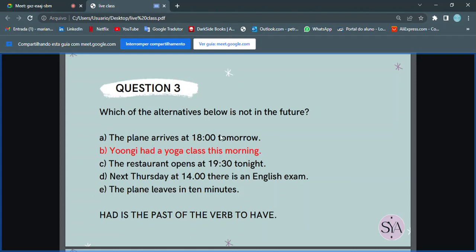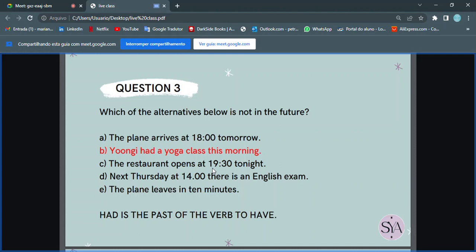So it is a sentence in the future, especially because we have the word tomorrow. So we know that it's something that's going to happen in the future, even though we have the verb in the present, right?